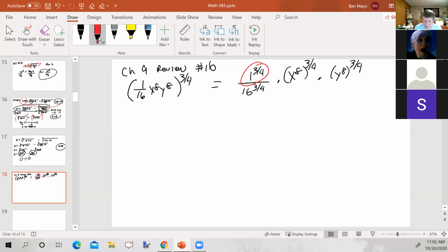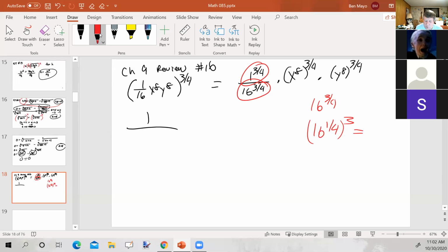1 to the 3/4 power. What's 1 cubed? 1 times 1 times 1 is 1. What's the 4th root of 1? Well, the only real answer is 1. So basically, I've got 1. Now, 16 to the 3/4 power. Let's do the root first and then the power.